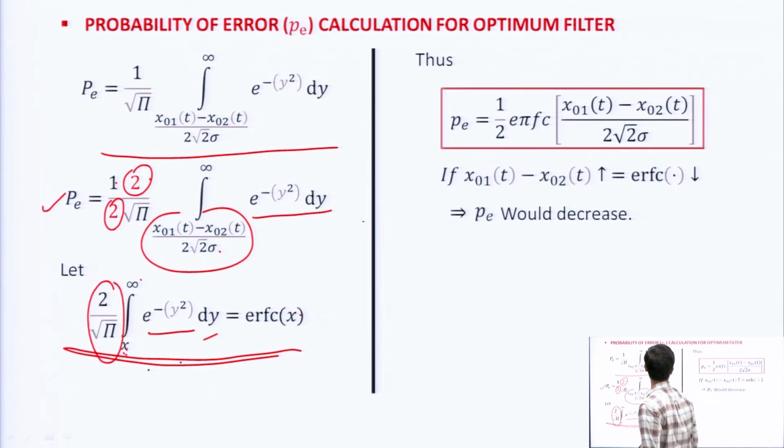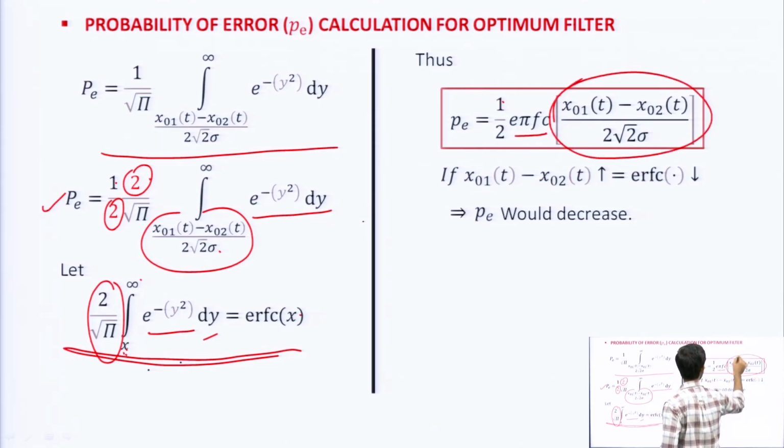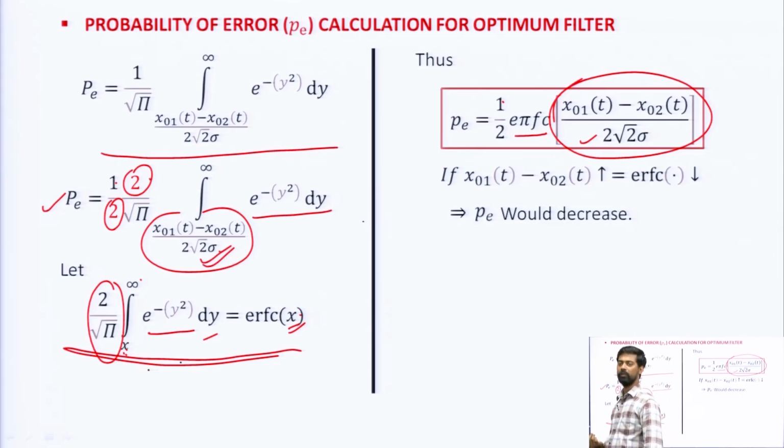Okay. So at last I will get half erfc of (x naught 1 of t minus x naught 2 of t) divided by 2 root 2 sigma, because this much is the x. You know that the erfc function is a decreasing function.